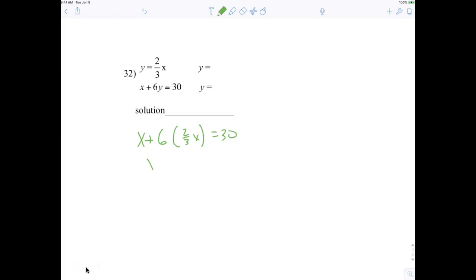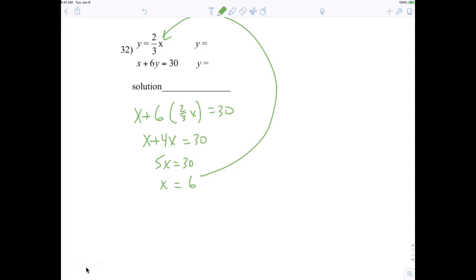So now I have x plus 4x equals 30. 5x equals 30, so x equals what? 6. Beautiful. Now we plug 6 in for x. y equals 2/3 times 6, and of course everybody can tell me what that is. What is it? 4, right?